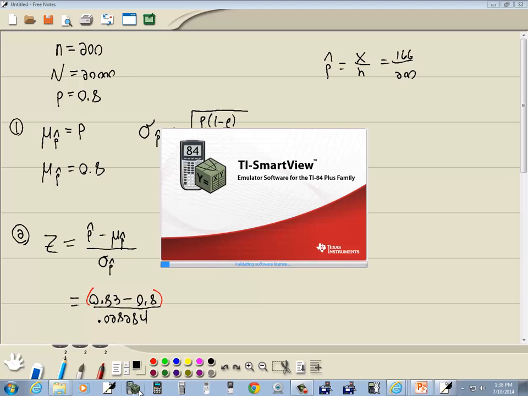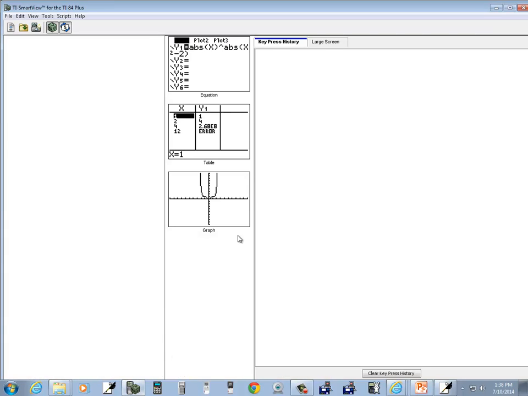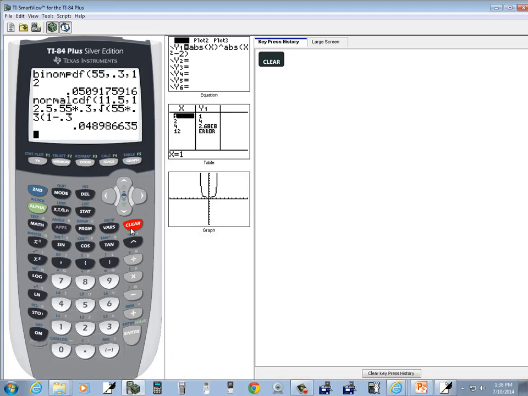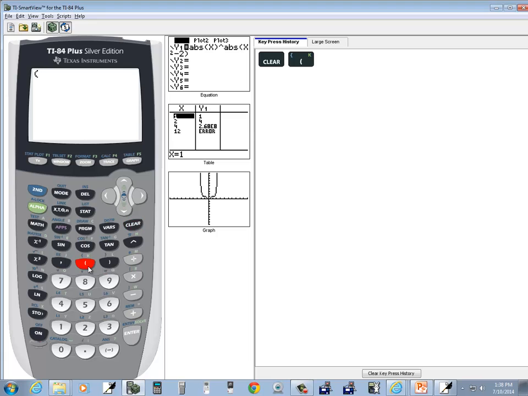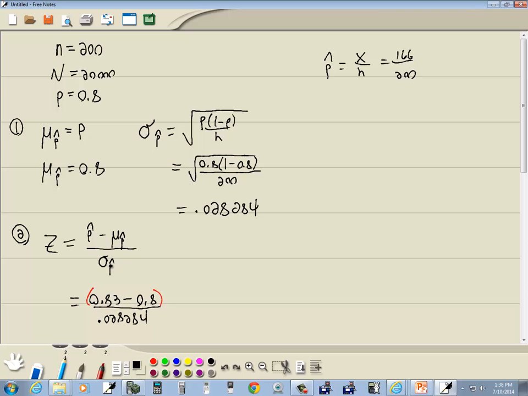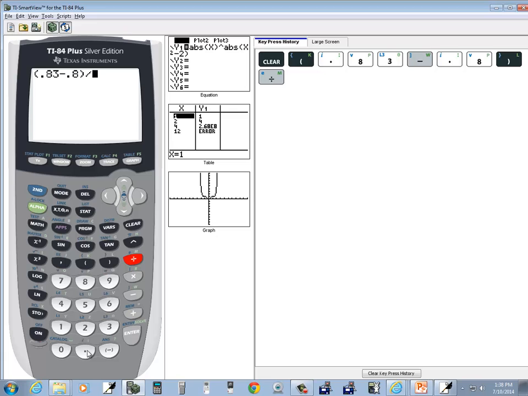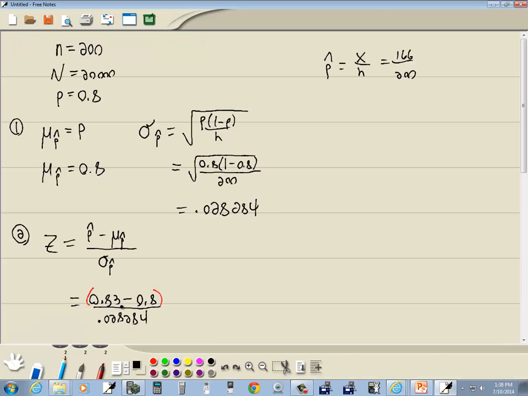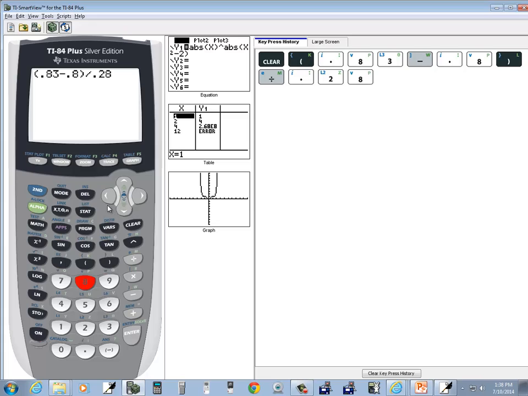Okay. So I went to beginning parentheses and 0.83 minus 0.8, closing parentheses, divided by 0.028284.